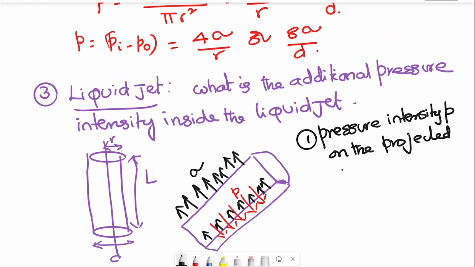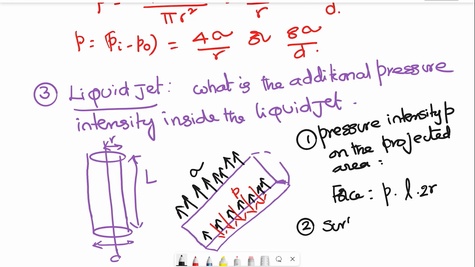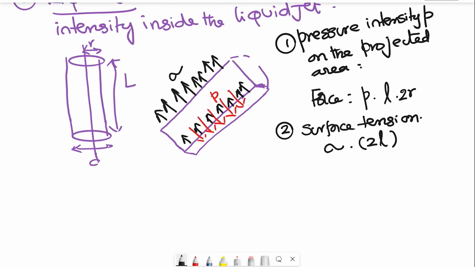Per cylinder, the projected area is L into 2R. So force is P into L into 2R. The second one, the surface tension force, is sigma into 2L.